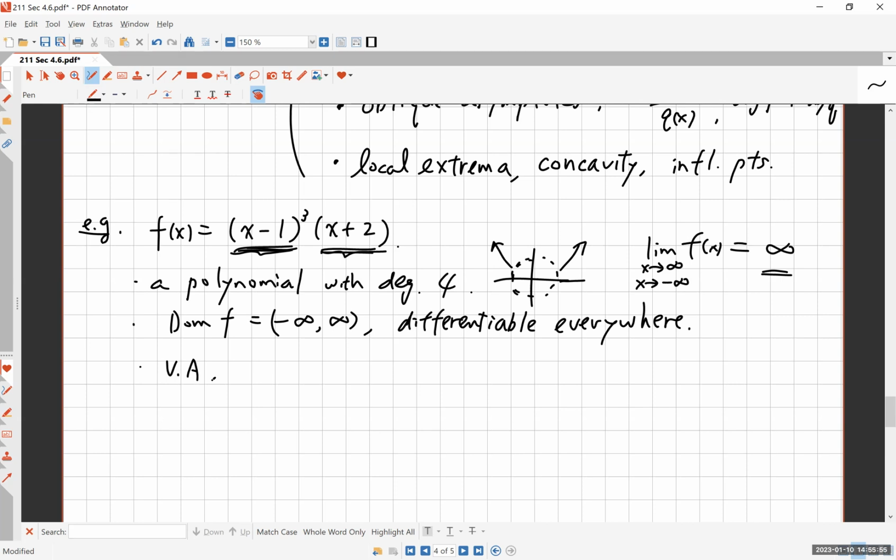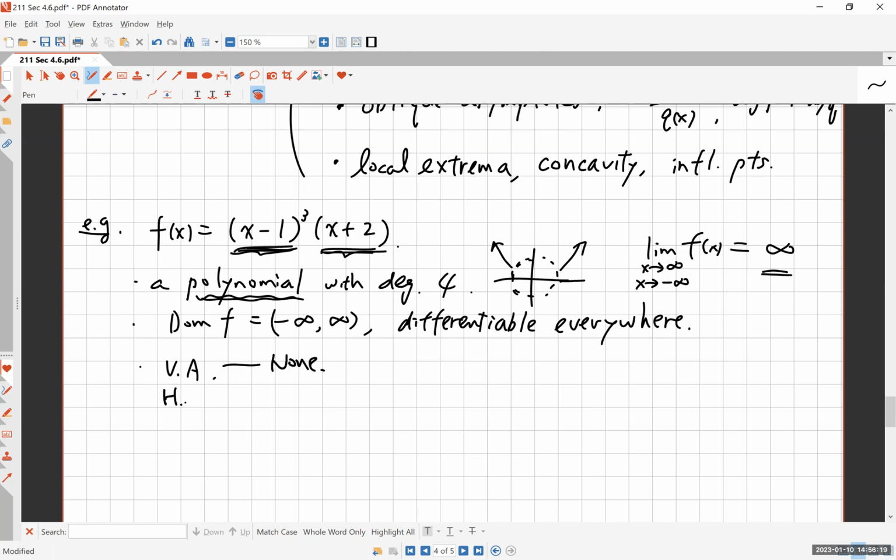No, vertical asymptotes exist only when you have a place where the function becomes positive or negative infinity. That doesn't happen with a polynomial. So do you understand that with any polynomial function, you will not have vertical asymptotes? Yeah, that's right. Horizontal, so this is none.